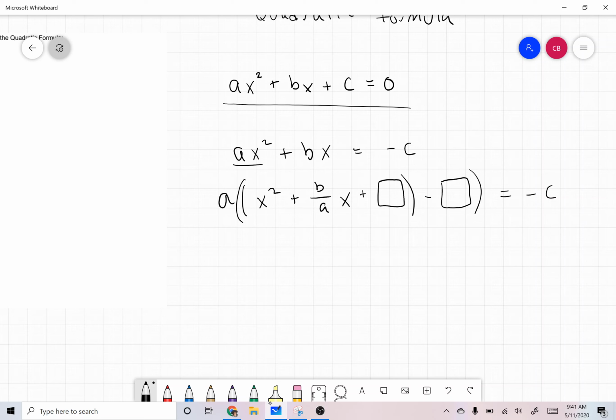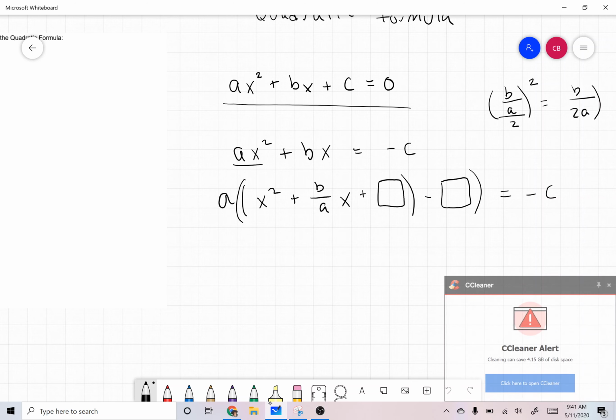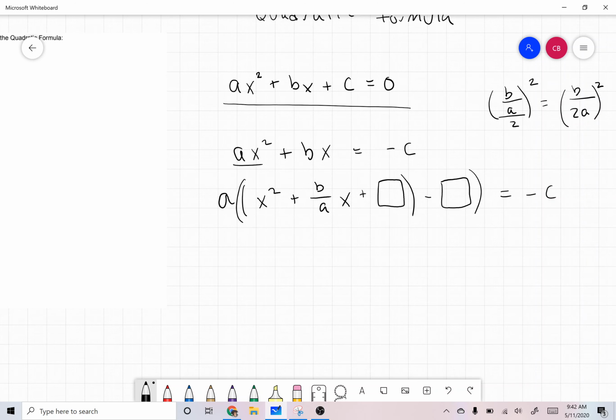But if we're going to complete the square, we take the middle term and divide it by 2. So we have b over a over 2, squared, which is b over 2a squared, which I believe is simply b squared over 4a squared, right?